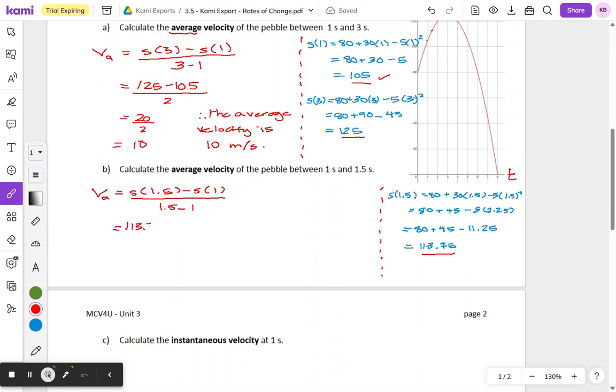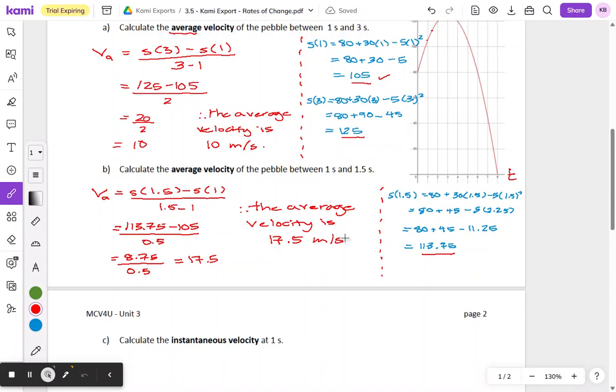So this will be 113.75 minus 105 over 0.5. Okay, so we have 8.75 over 0.5, which is 17.5. Okay, so again, don't forget your final statement. Okay, the average velocity is 17.5 meters per second.